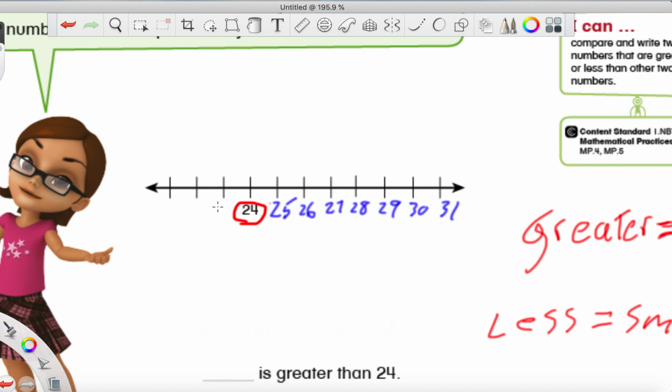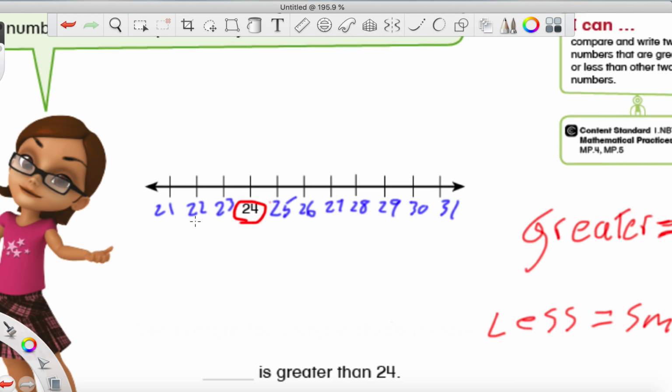Okay, so 1 less than 24 is 23. 1 less than that is 22. 1 less than that is 21. And when we do stuff like this, you can always use the 100 chart that I sent home. That is there to help you. Use it whenever you want to help yourself out.